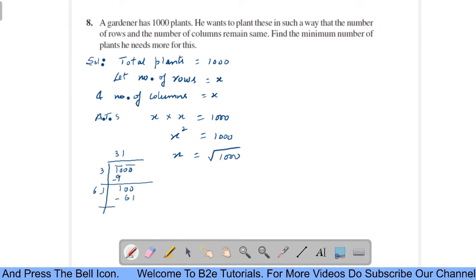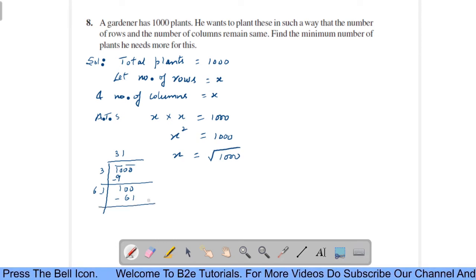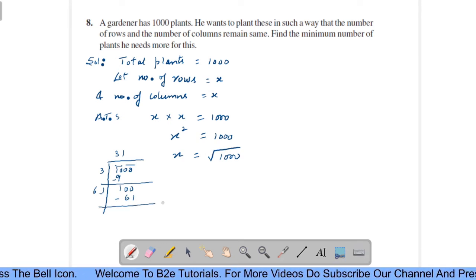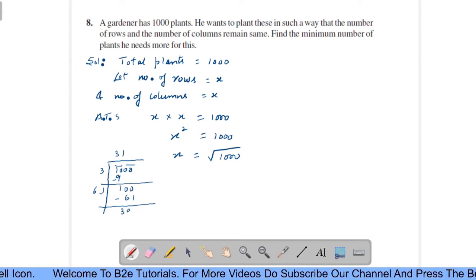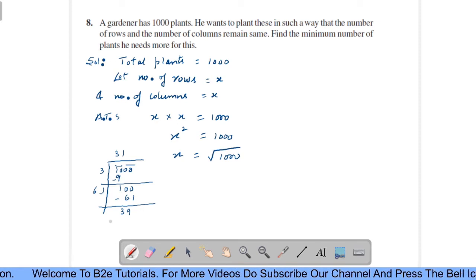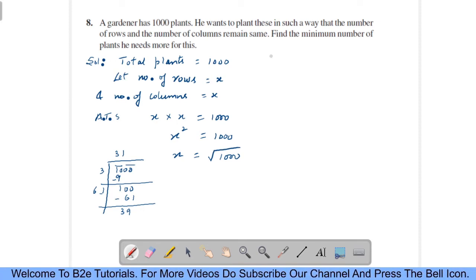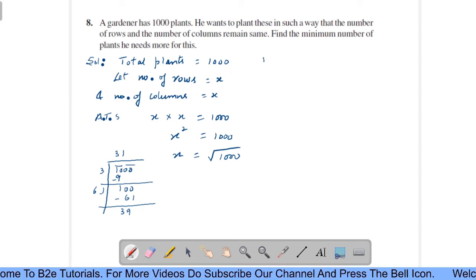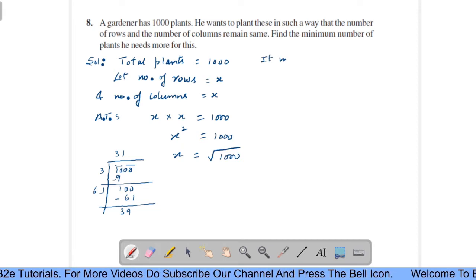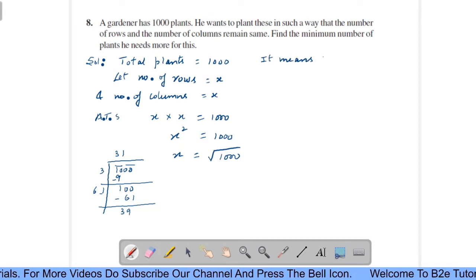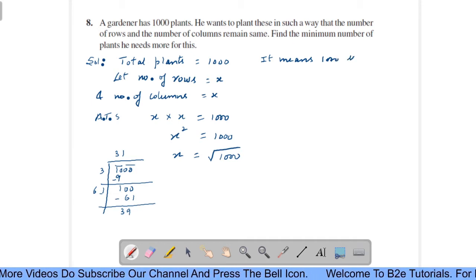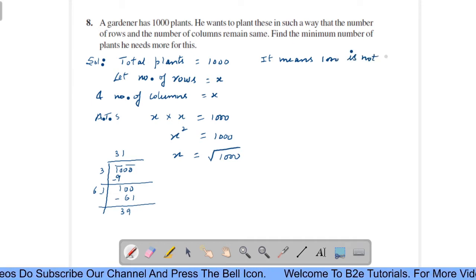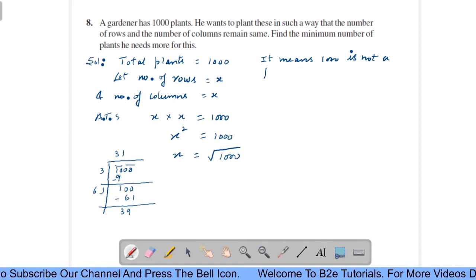Subtract. What will you get? 39. It means 1000 is not a perfect square.